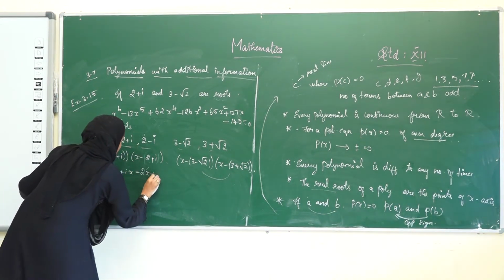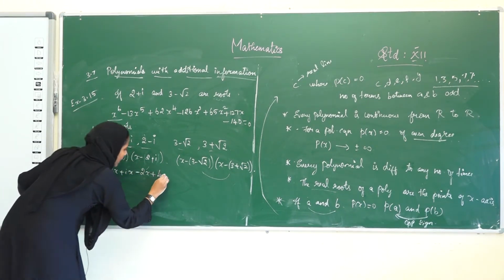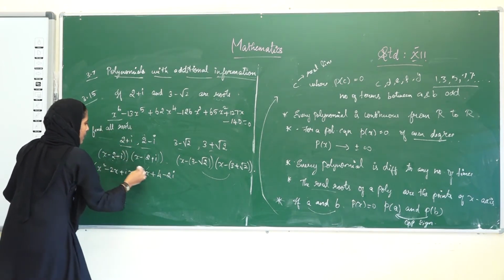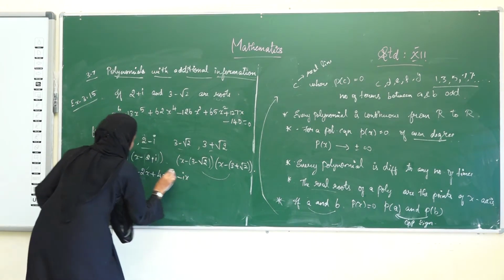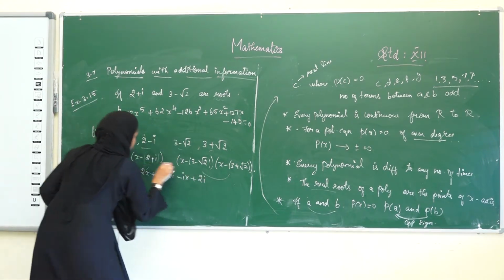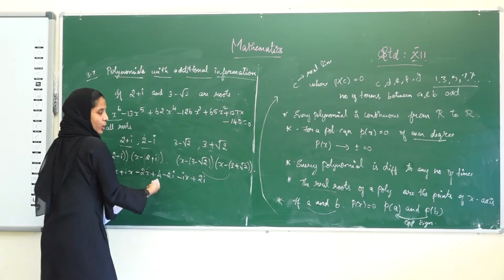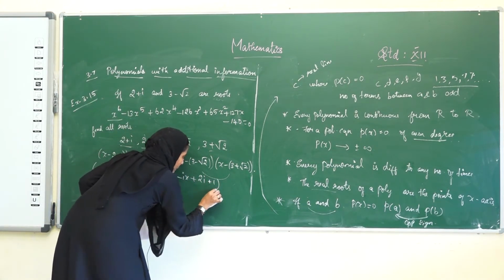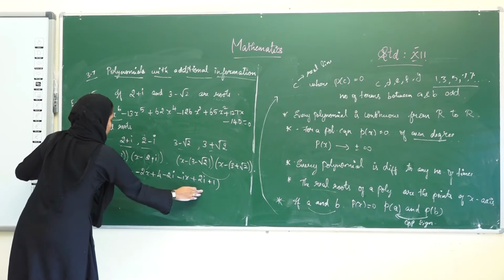Minus into minus is plus, 2 into 2 is 4. Minus 2 into plus i is minus 2i. And again with minus i we have to multiply: minus ix, minus i into minus 2 is plus 2i, minus into plus is minus i square. I square's value is minus 1, therefore minus into minus 1 is plus 1. We have to cancel the terms here.